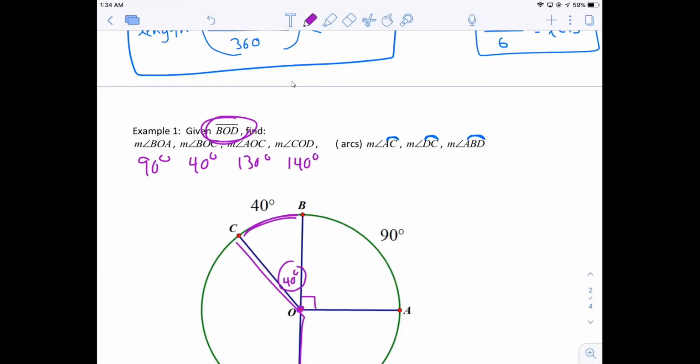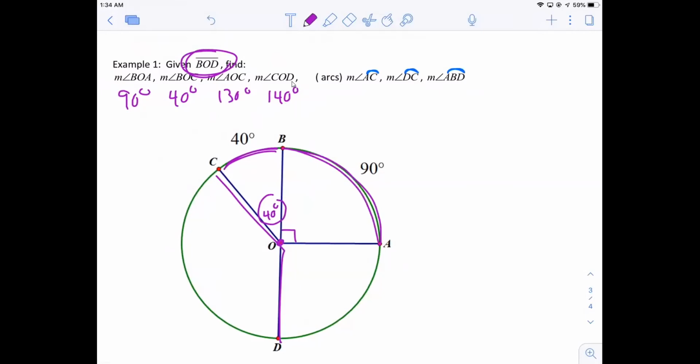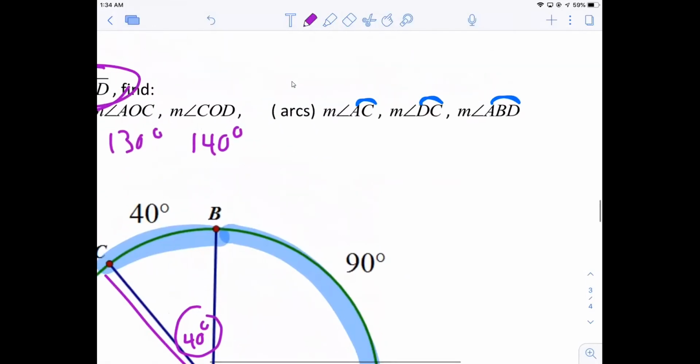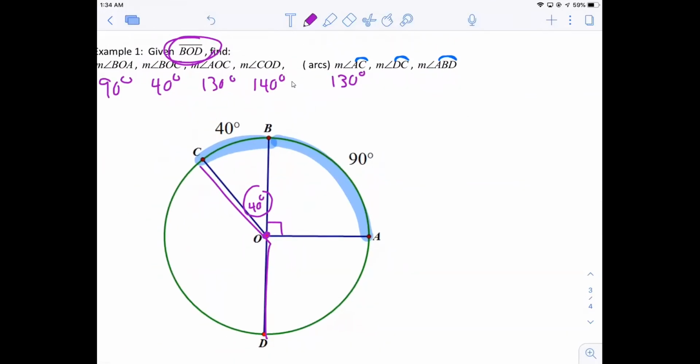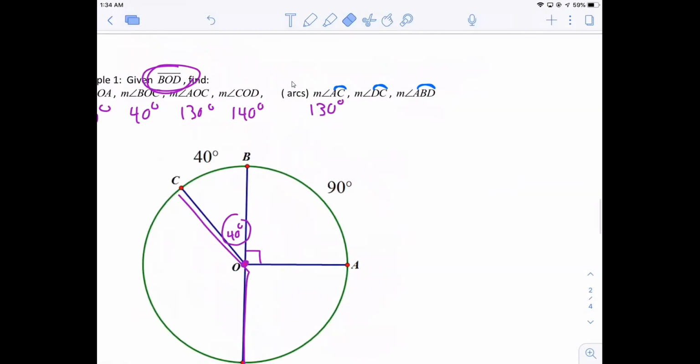Now let's find the measure of arc AC. So this arc was 90 degrees, this arc is 40 degrees. Altogether, this arc measures 130 degrees. But what's the measure of arc DC? Same thing as the measure of the central angle COD, which is 140 degrees.